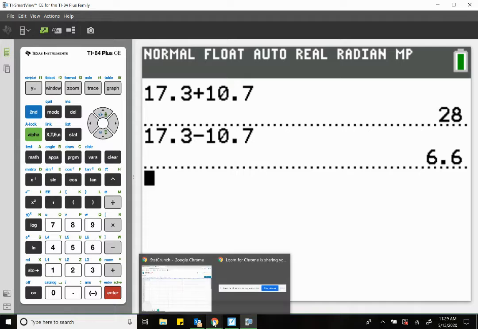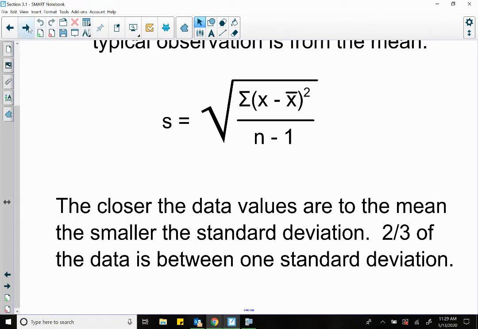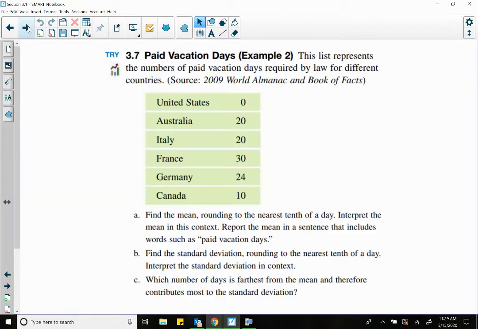So if I go back and look at my information, this is between the 28 and the 6.6. This is between the 28 and the 6.6. This is between the 28 and the 6.6. And this is between the 28 and the 6.6. That's 4 out of 6.